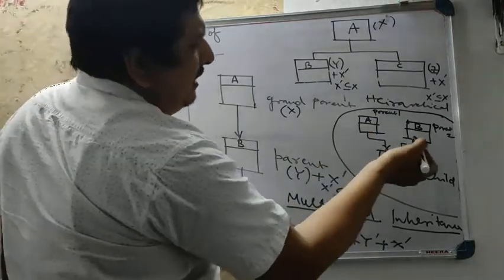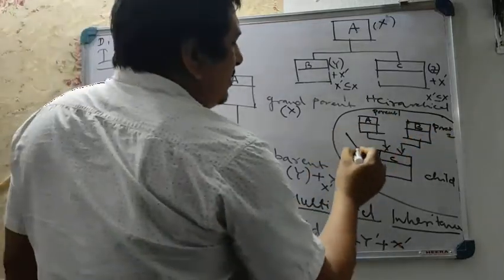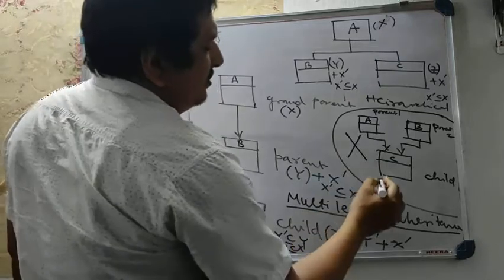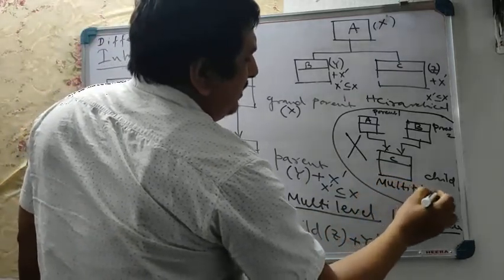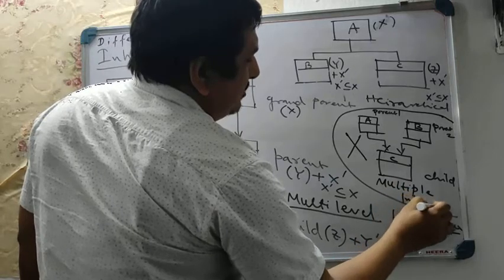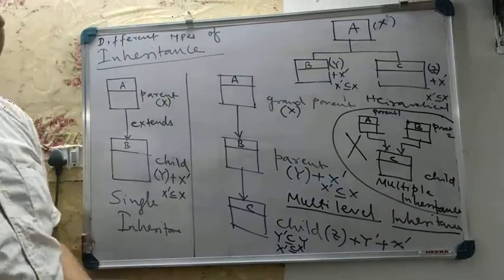Who is my parent? Is A the parent or B the parent? And this is not at all supported by Java. So this is basically known as multiple inheritance. So you can say multiple inheritance is not supported by Java.